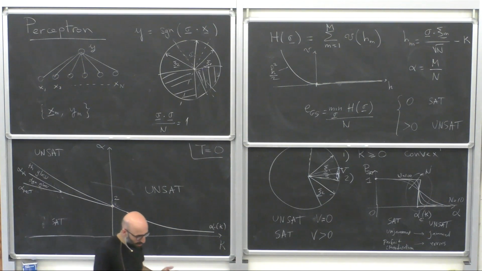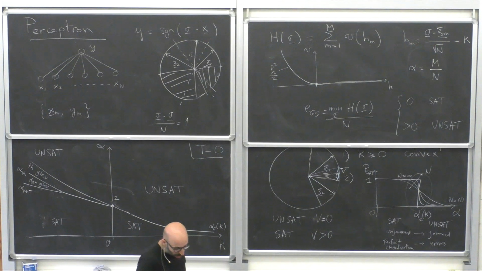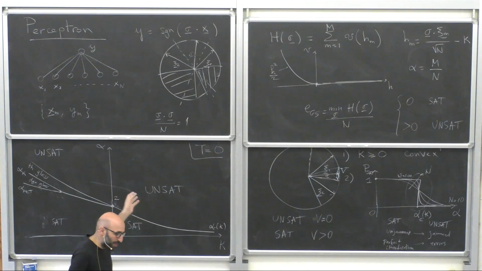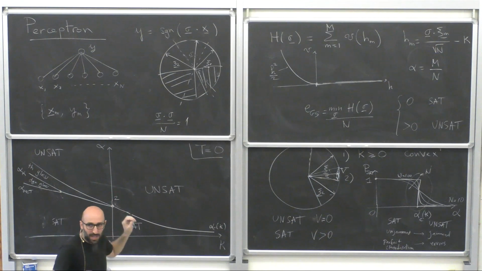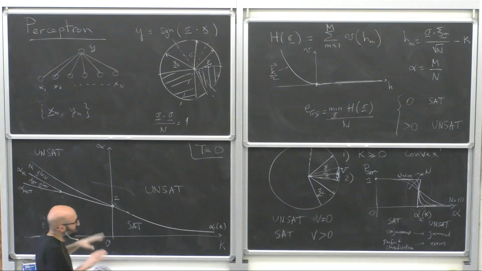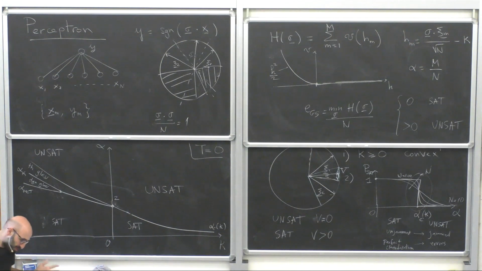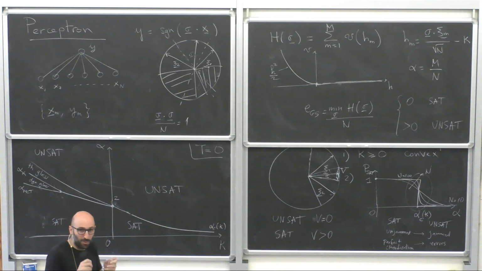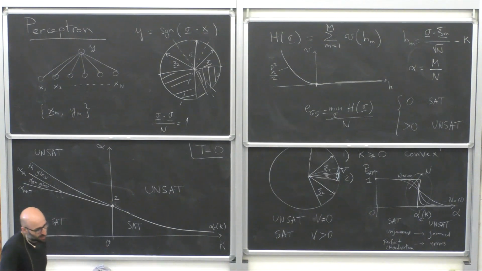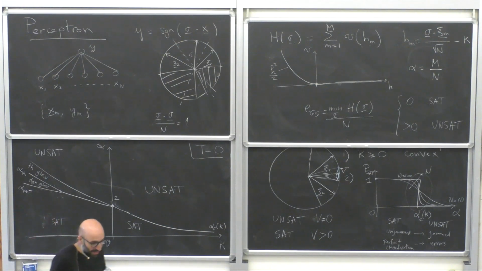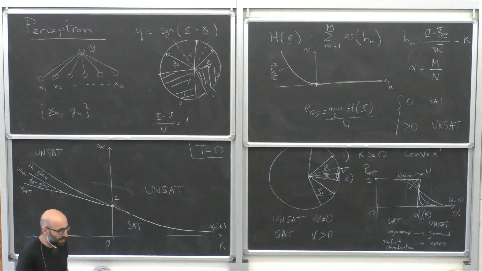Then there is a debate. The big debate now is whether the structure in the data is important, because all these things are done, even in the teacher-student, you still use random data as input that then you label with the teacher. And now there is a debate on whether you can apply these results to images. And for this, you should follow the work of the group of Lenka Zdeborova and Florent Krzakala and Marc Mezard, Riccardo Zecchina and Bocconi.